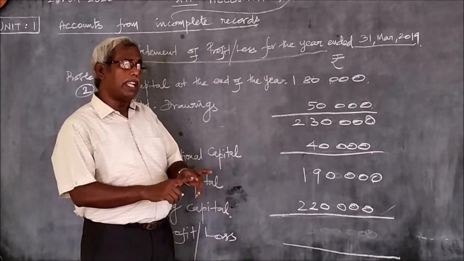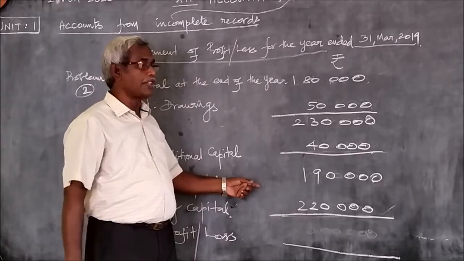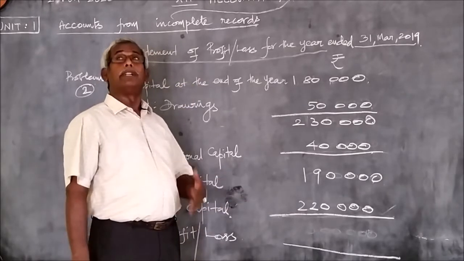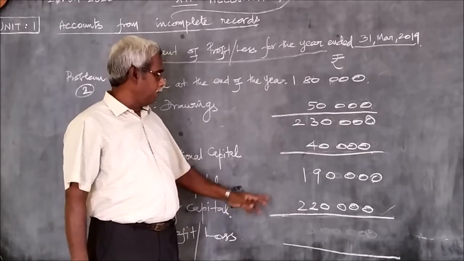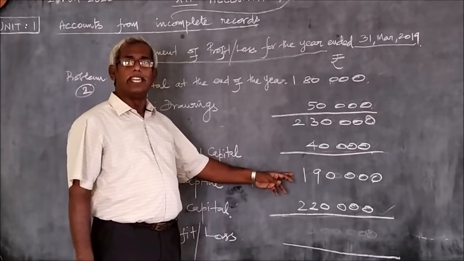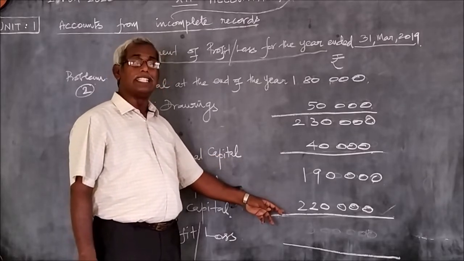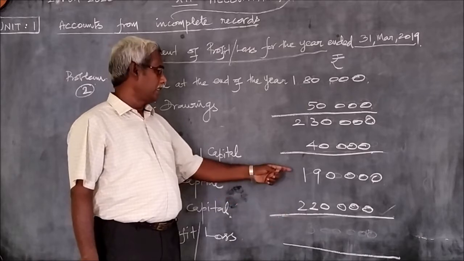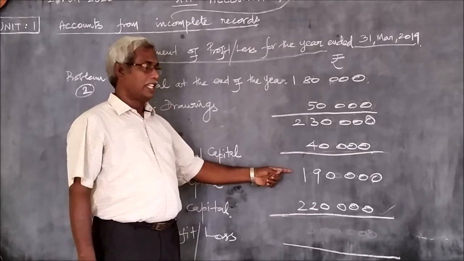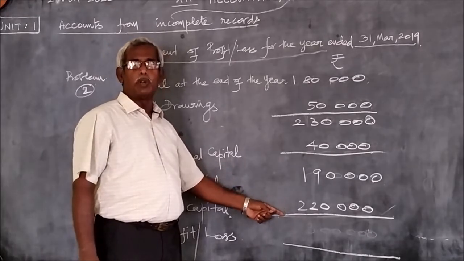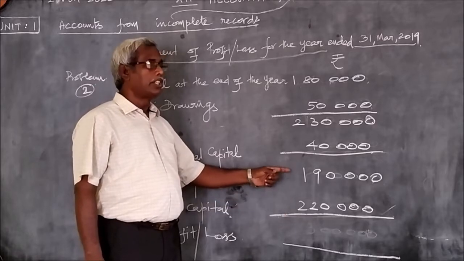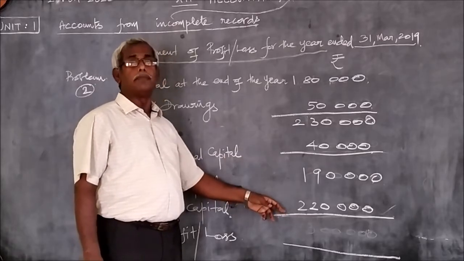Now you can compare the first problem with this second. What happened in the first problem? The number in this place is higher and in this place it is lesser. That is, the top number is greater and the bottom number is smaller. So from the top to bottom we have done.